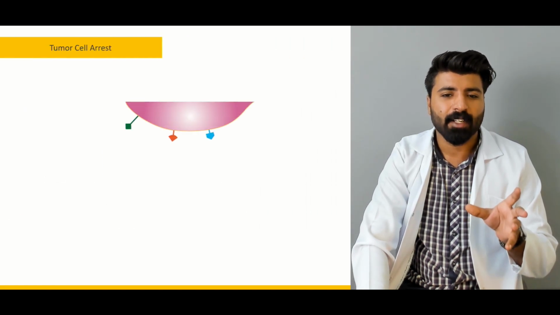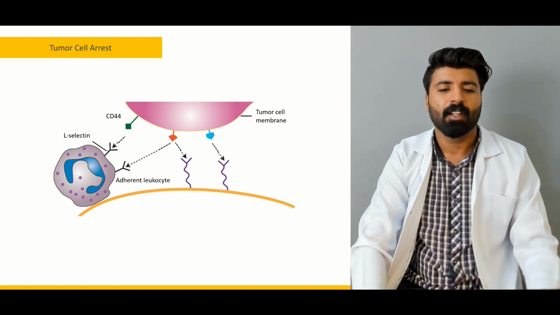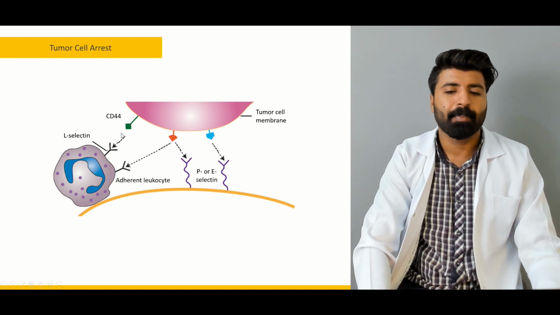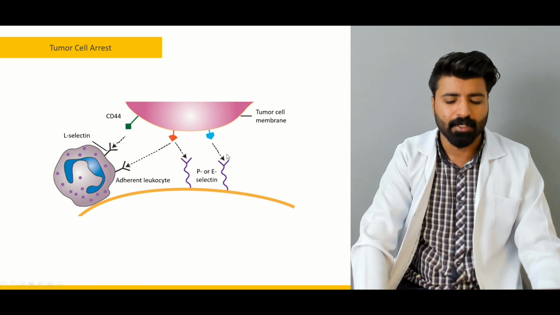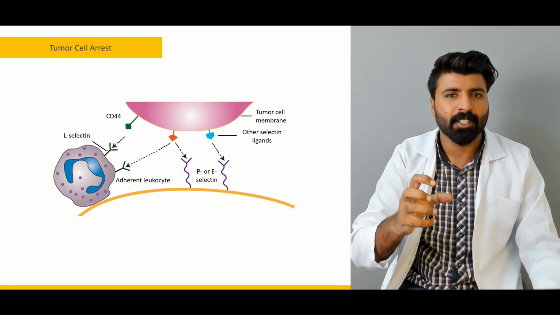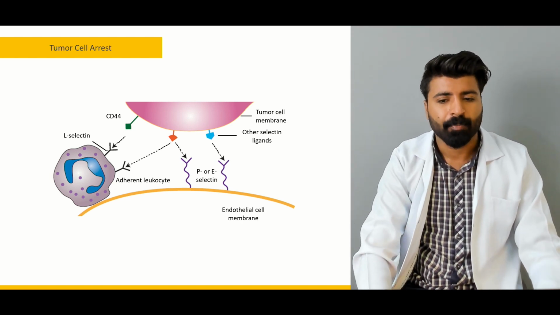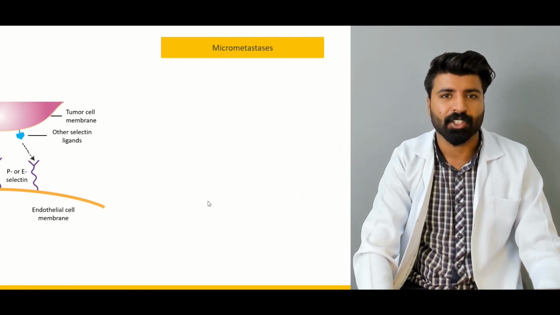It's actually getting to a stage where this adherent leukocyte will make a bond with CD44, and then P-selectin and E-selectin will attract these ligands so that these tumor cells are captured or arrested here so that it won't move out of here. So these endothelial cell membranes will provide the surface for this whole reaction.